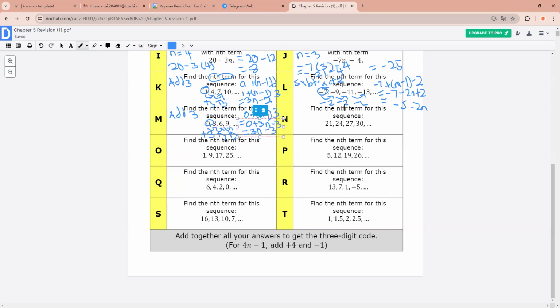Next question, find the nth term for this sequence. So we find the term-to-term rule. And you can see that the term-to-term rule for this sequence is add 3.